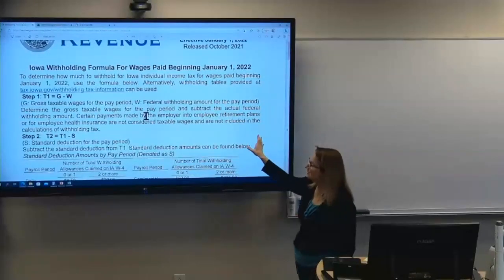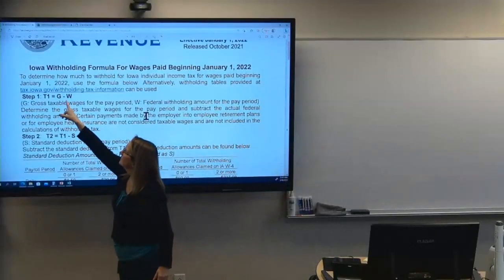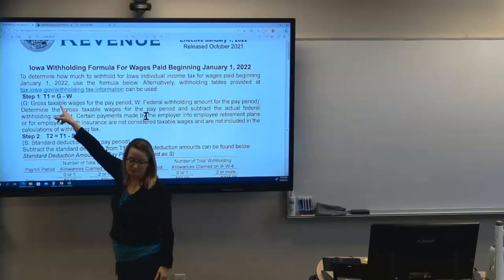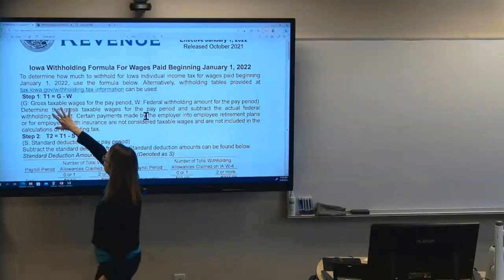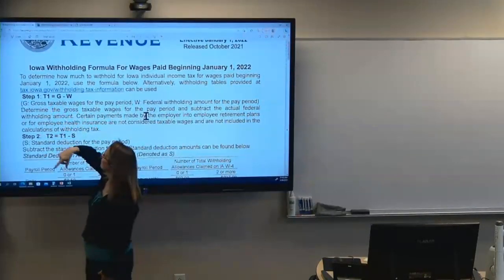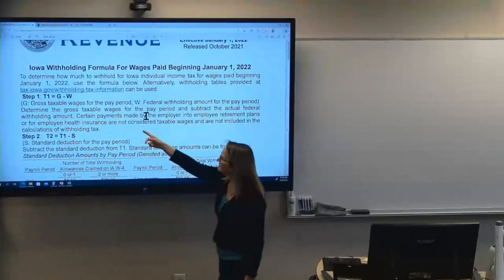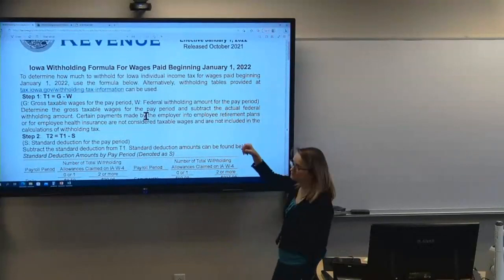There are several steps here. They do it a little bit differently in that they give you equations to use. I don't know why they don't just say it up here instead of putting it in parentheses, but step 1, G minus W: gross taxable wages minus the federal withholding amount for the pay period.